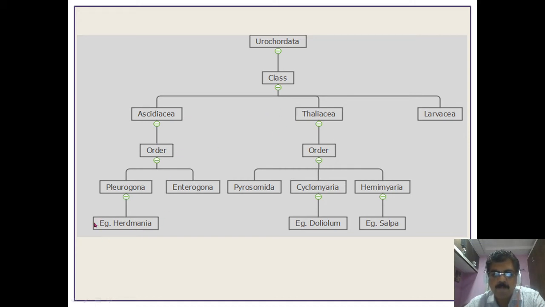The first example is Herdmania: subphylum Urochordata, class Ascidiacea, order Pleurogona, and the example is Herdmania.